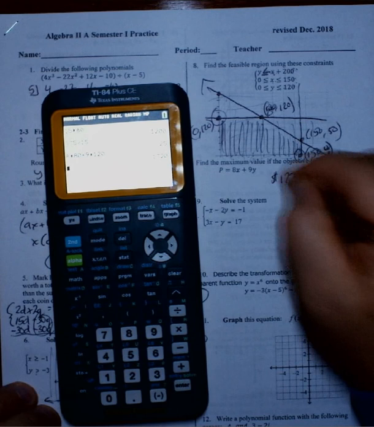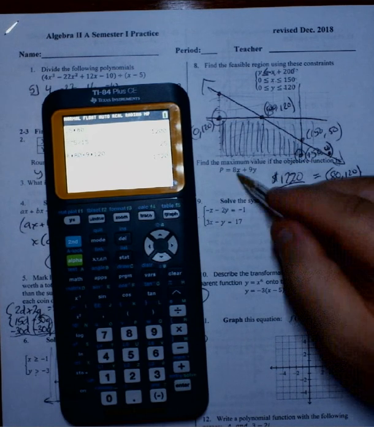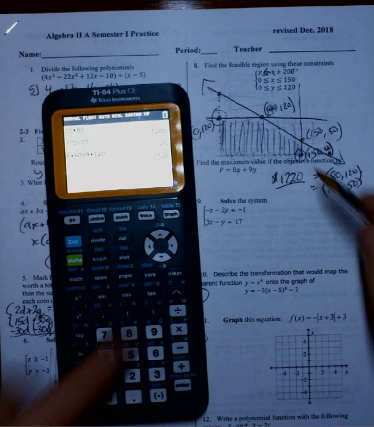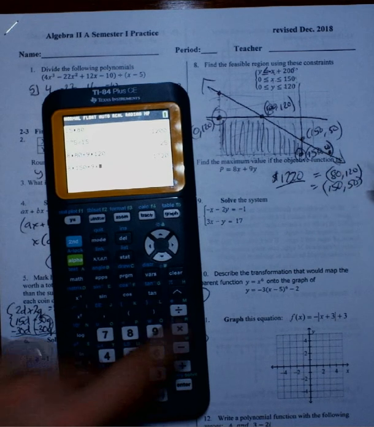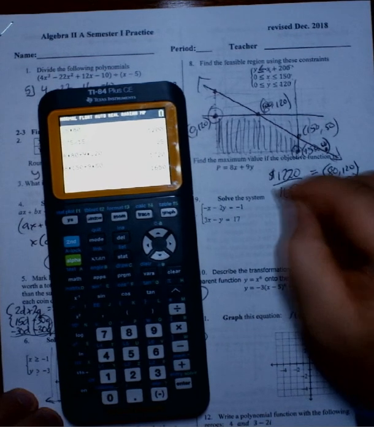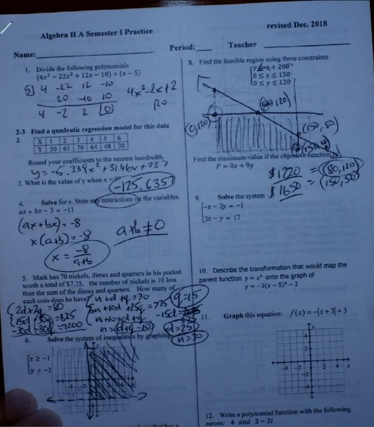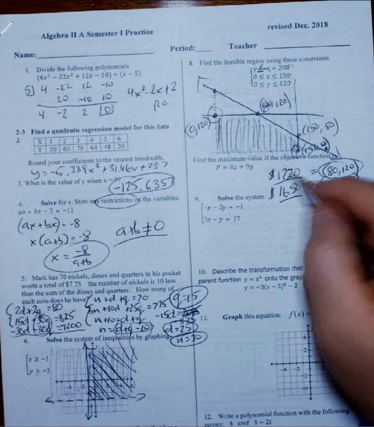It's pretty good. Let's see if this one gives me something bigger. If I let x be 150, that's going to be 8 times 150 plus 9 times 50. That gives me a profit of $1,650. If I maximize the profit, I'm going to use this point, and my maximum profit is going to be $1,720.